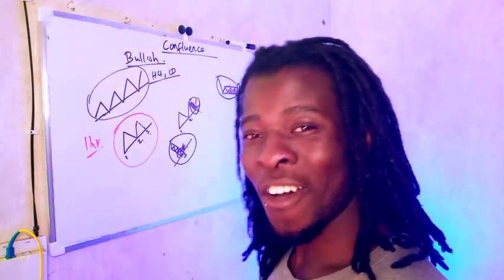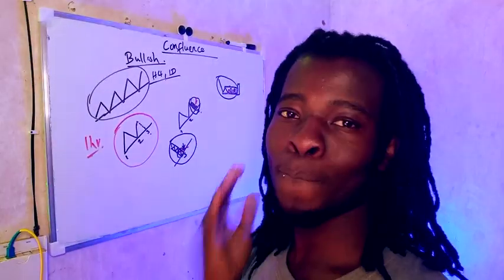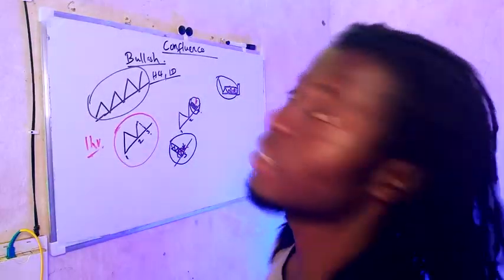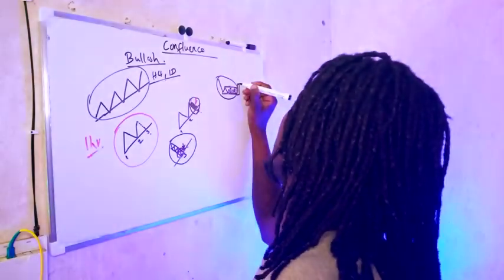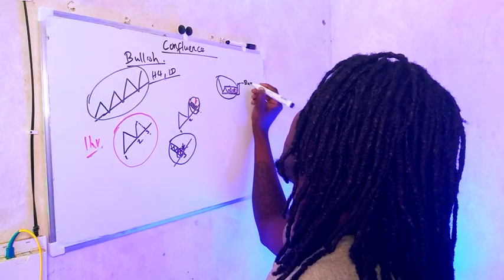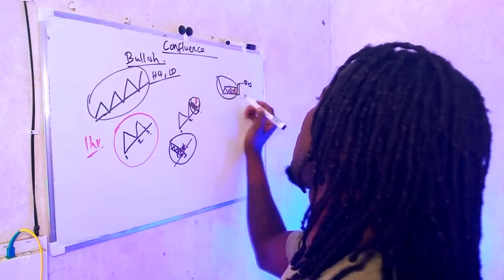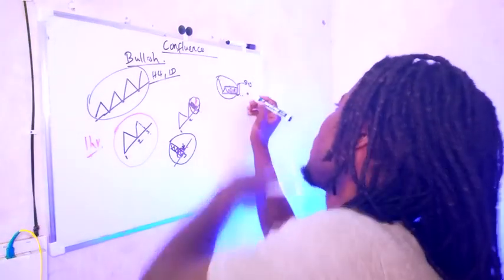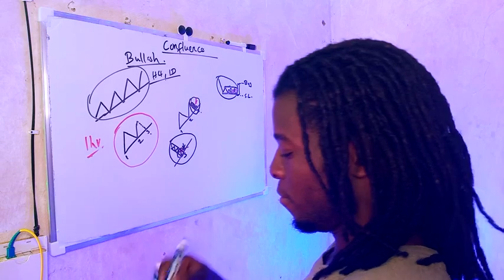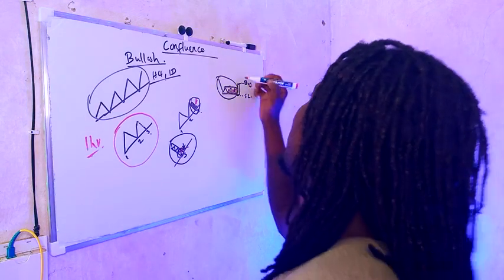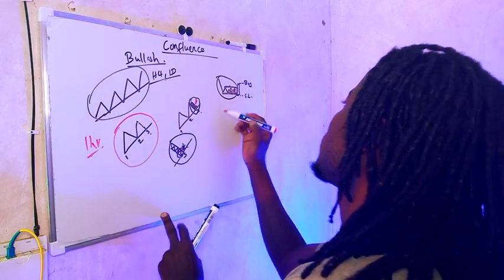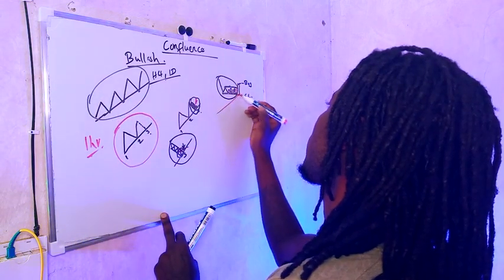After the 1 hour has closed bullish above our resistance, what do I do? I take a shot. Take your buy entry over here. Your stop loss should be below, as usual, over here, the swing. Remember, this is just the magnification of everything. This is what you expect.